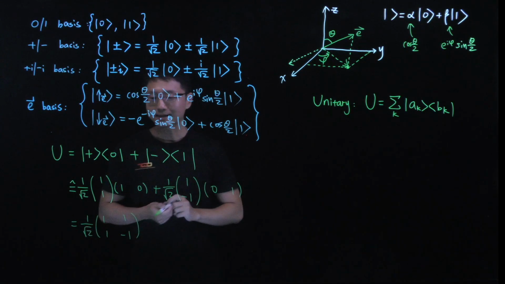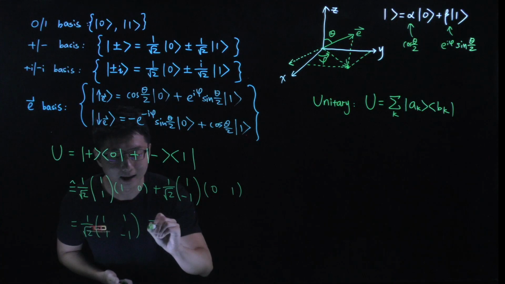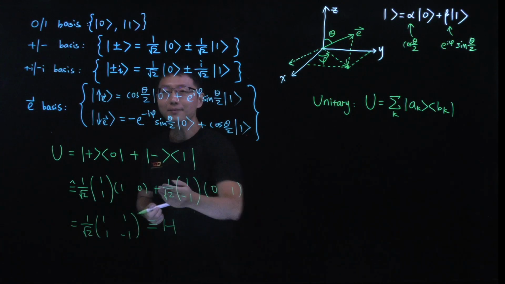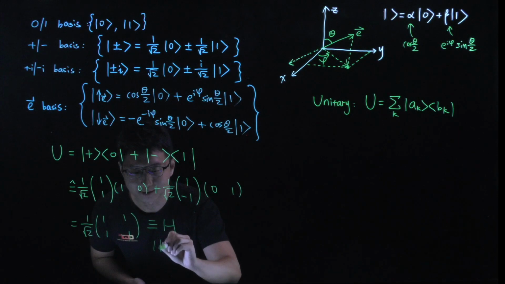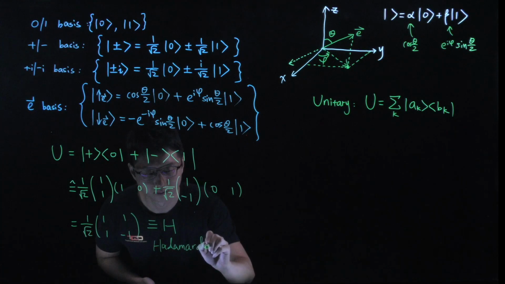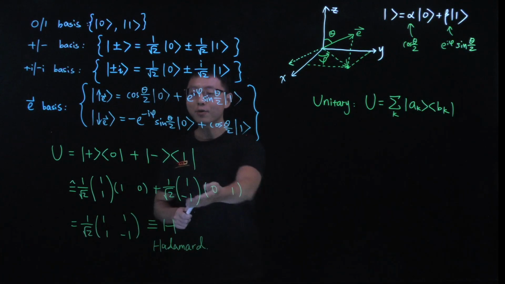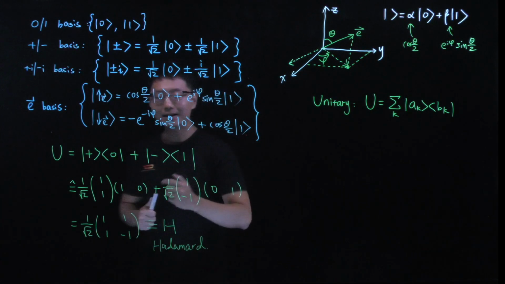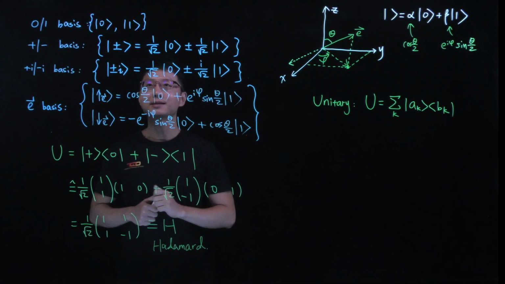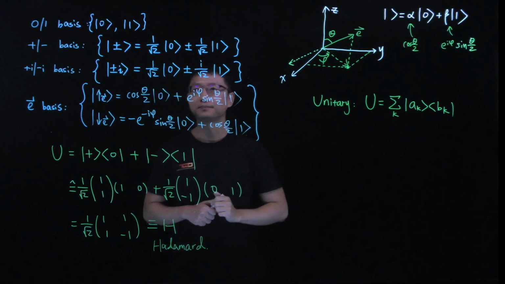And this is actually called the Hadamard matrix, or the Hadamard operator. The Hadamard operator is very important, in the sense that we can use the Hadamard operation acting on the 0 state to create a superposition of the 0 and 1 state.